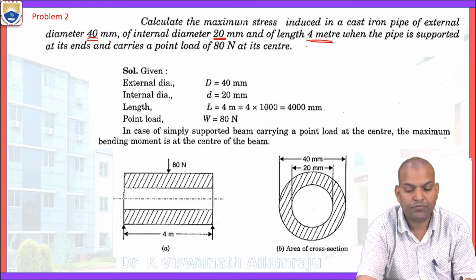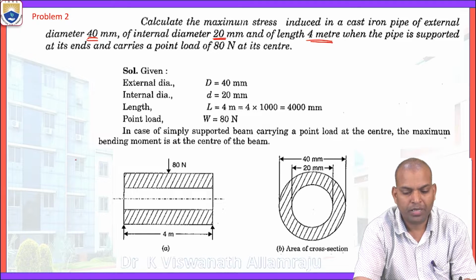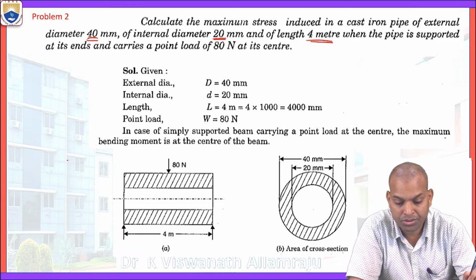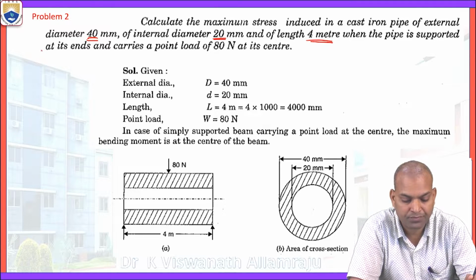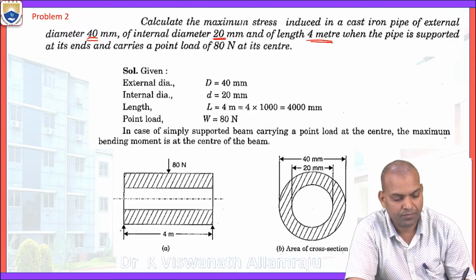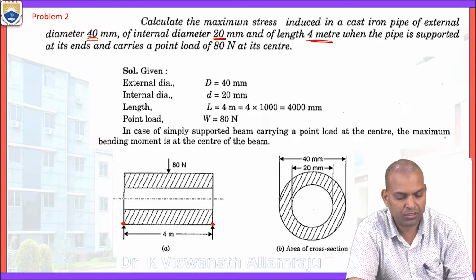The length of the pipe is 4 meters. The pipe is supported, acting as simply supported, at both the ends.